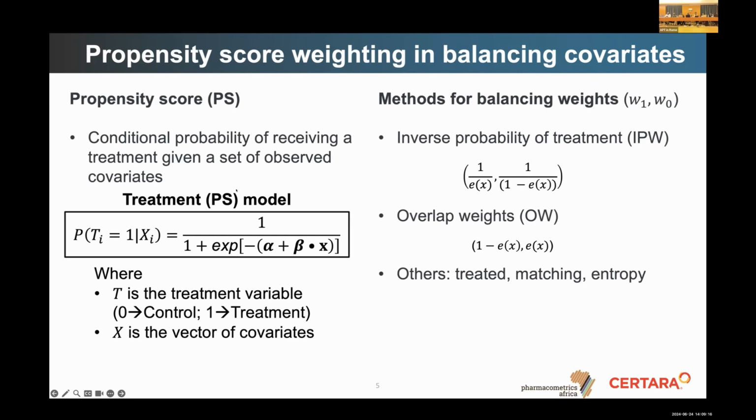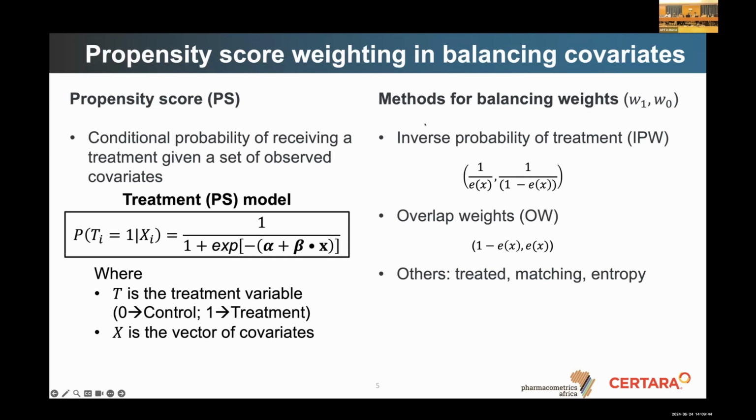In the simplest form, it's represented by this treatment model, in which you have the probability of the treatment assignment, where you have either the treatment arm versus the control. Treatment arm 1, control 0, is given by this logistic regression formulation. You have an intercept, and then you have also a covariate effect parameter. From this expression, you get your propensity scores, and then you weight the propensity scores.